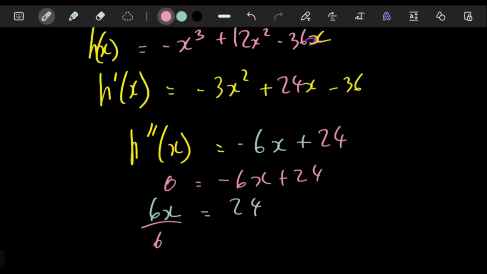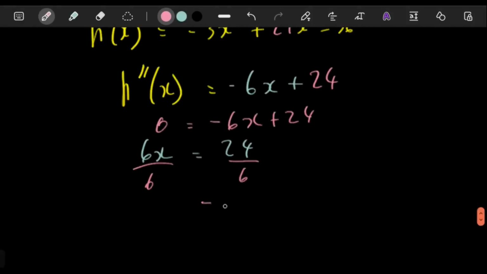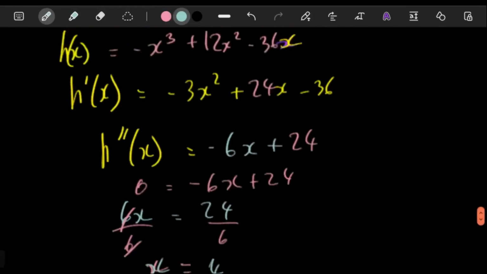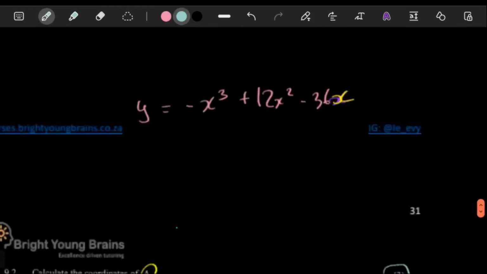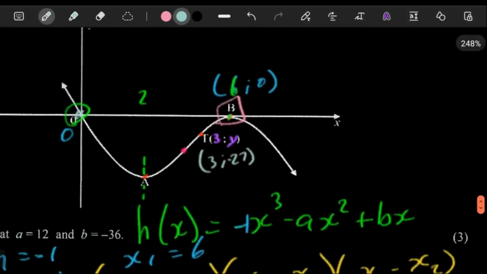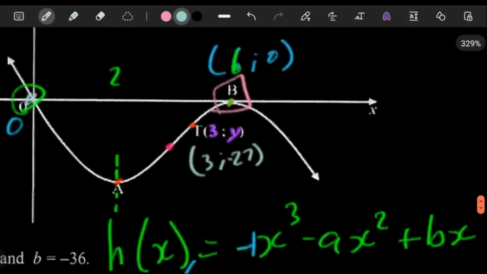Uh-oh, this is definitely wrong. No, it's not wrong. The 4 is what we're getting. I feel like I just bugged up real good.